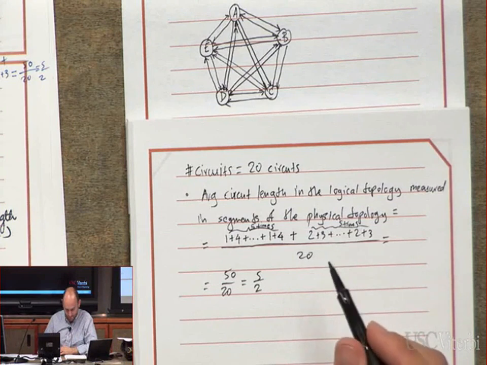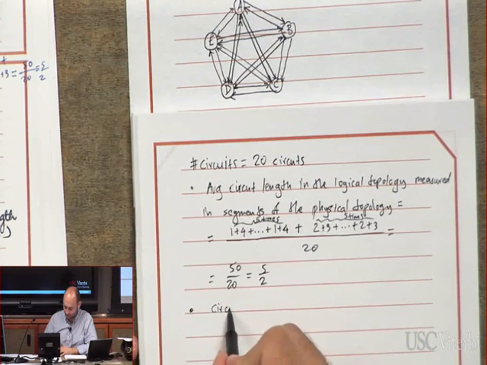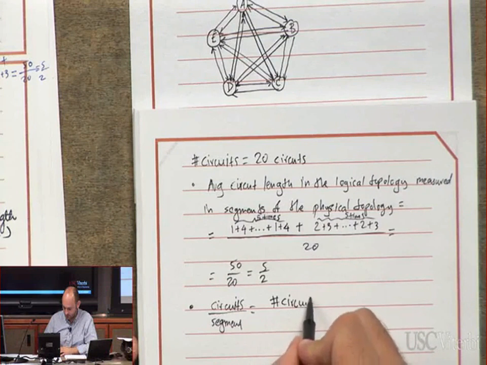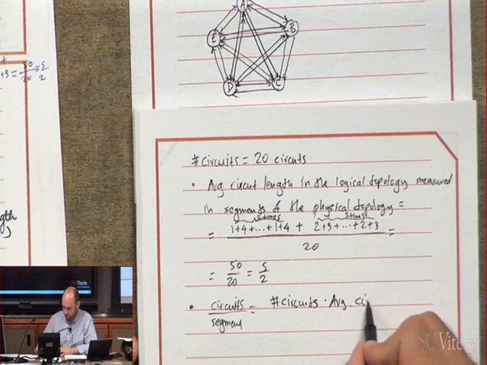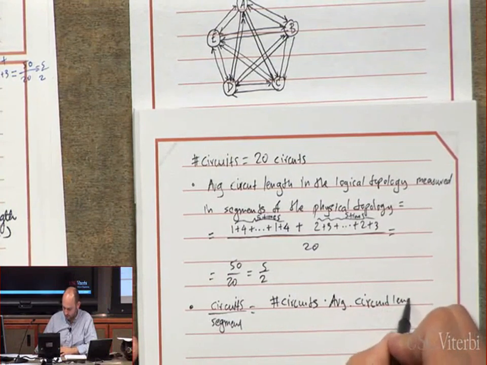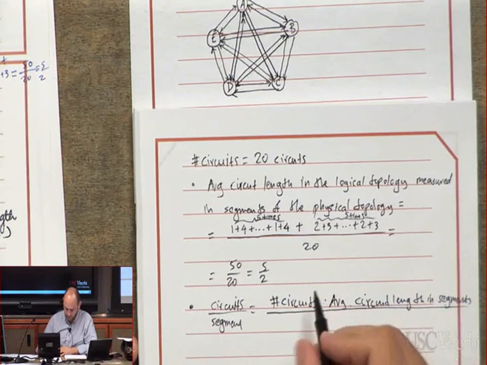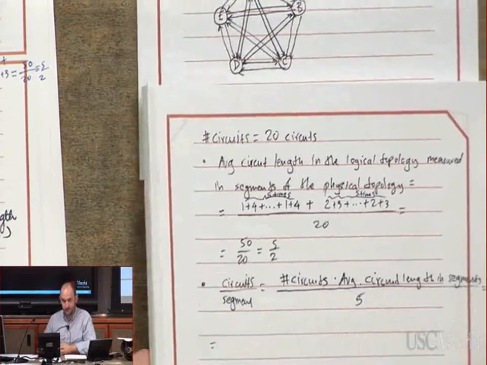So, what else? Now we do the same analysis: number of circuits per segment is equal to the number of circuits in total times the average circuit length in segments, divided by 5, which is the total number of segments in the physical topology.